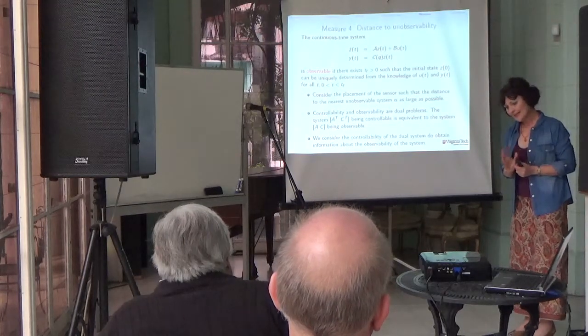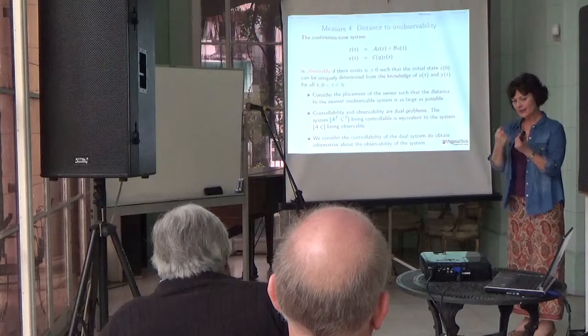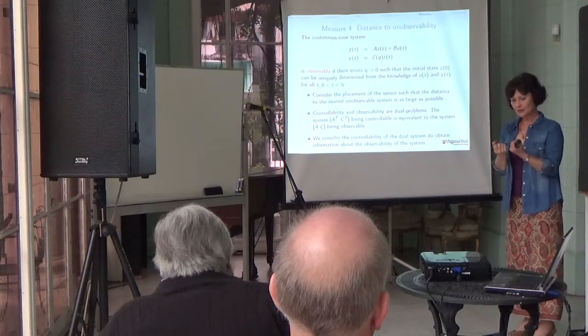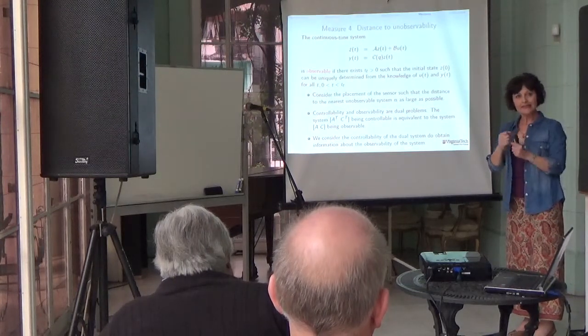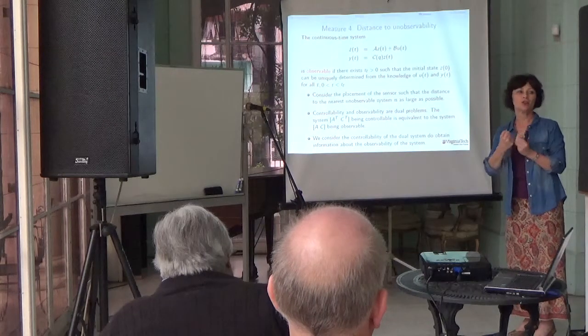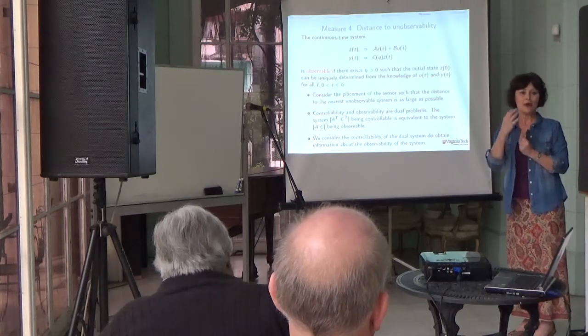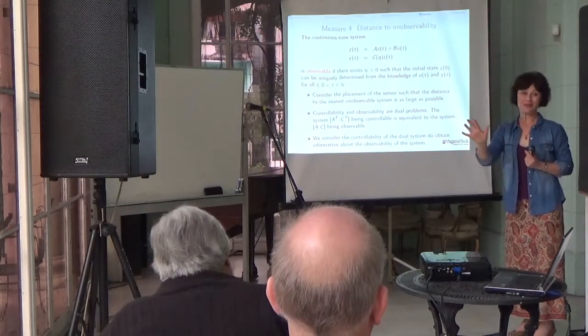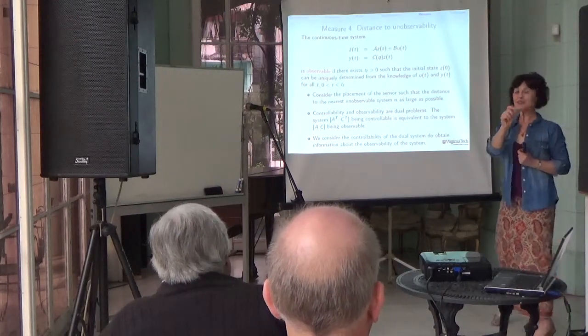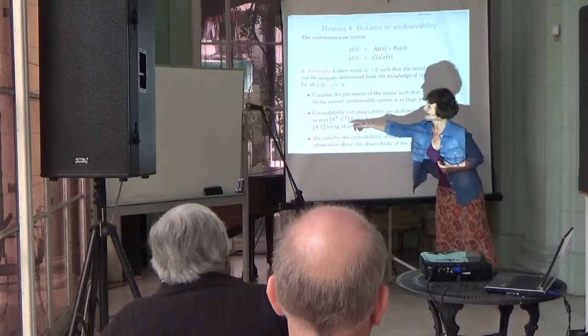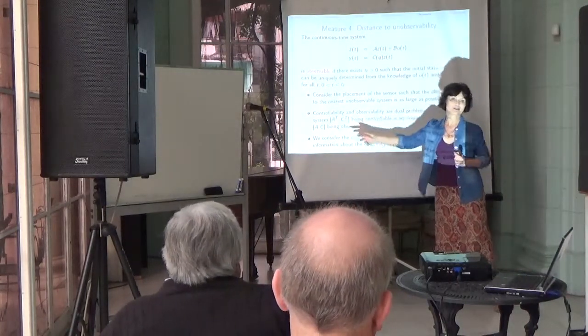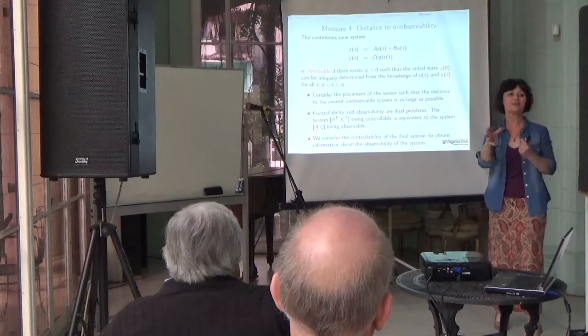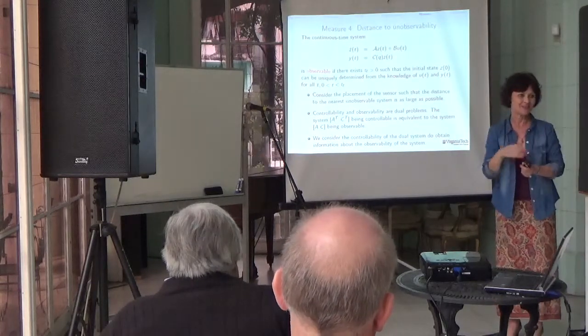Now here is the thing. Observability and controllability are two dual problems. The literature writes on controllability. So I want to calculate observability, but from now on I'm going to use the word controllability. So I use controllability just on the dual system. All the tools remain the same, it's just the transpose of the matrices that I use.